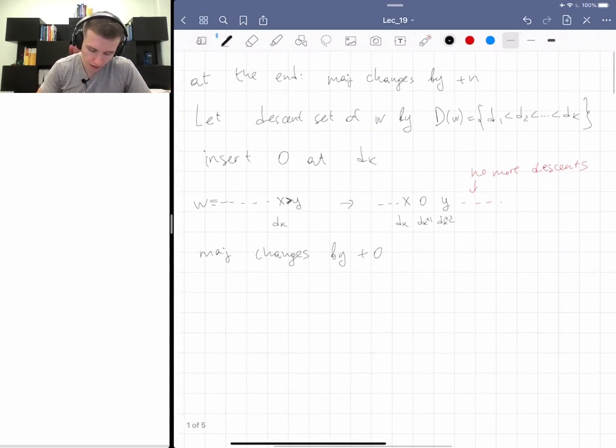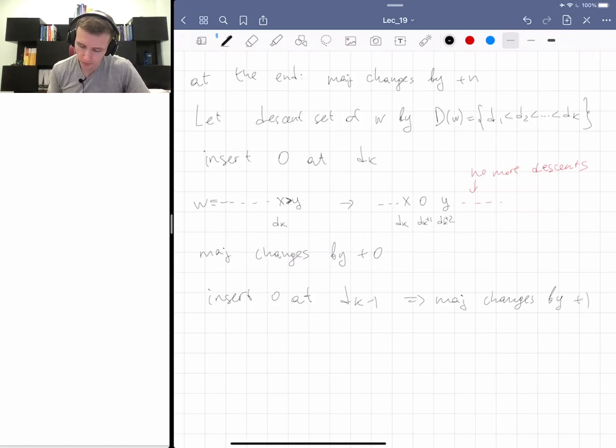So what I claim is that if I insert 0 at d_k minus 1, then the major index changes by plus 1 by the same argument. If this position is d_k minus 1, then there's a descent, so you create the same descent here, but there's going to be one extra descent to the right.